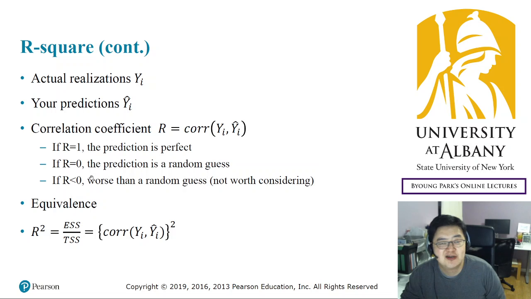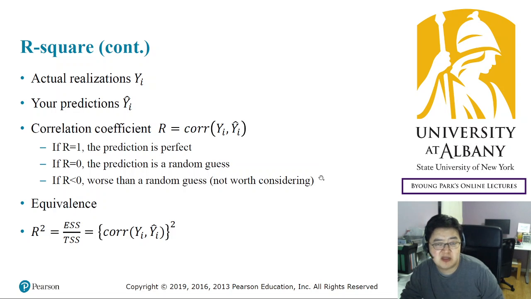That means the predictor is worse than a random guess. So you don't need to do anything, just don't look at the data and just guess at random. That would do better. So we don't consider this strange case. As a result, again, the correlation coefficient lies between 0 and 1 if you ignore these cases.